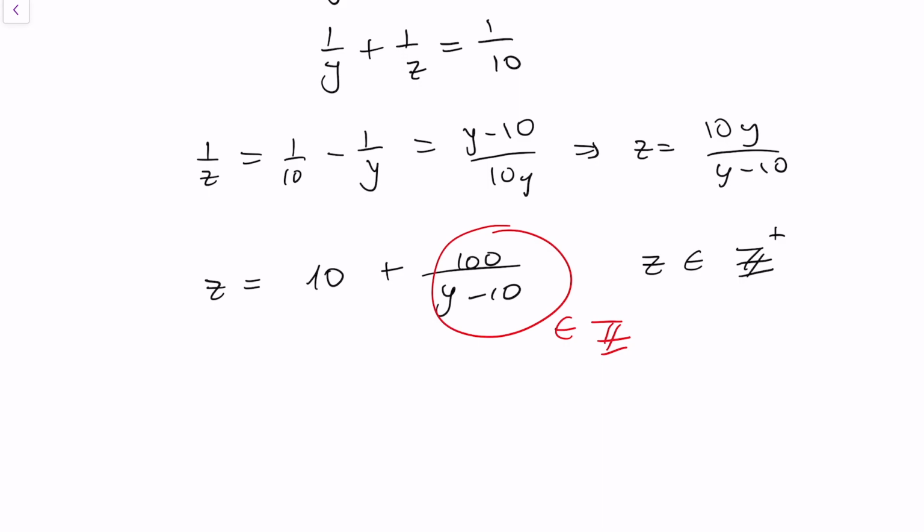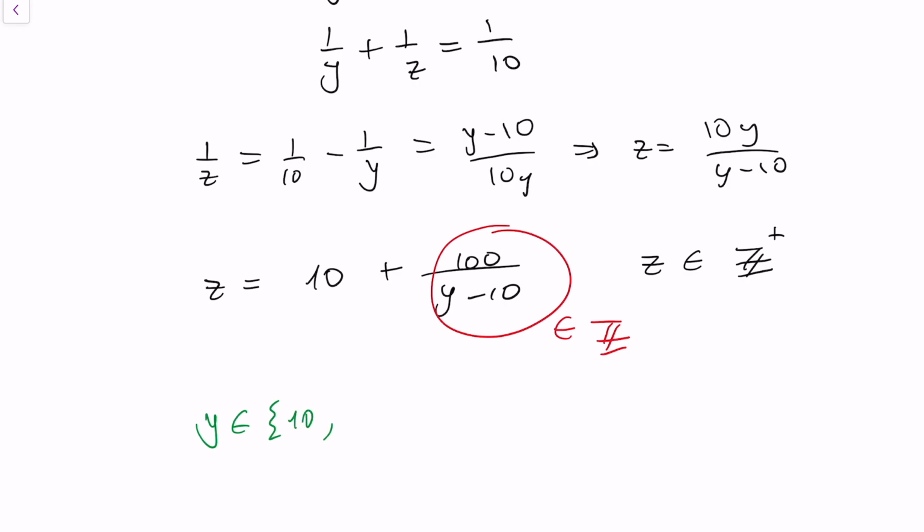So there are so many numbers we can try, from 1 to 100, because y is a positive integer. But let's notice that, first of all, the lower limit of y will have to be 10.